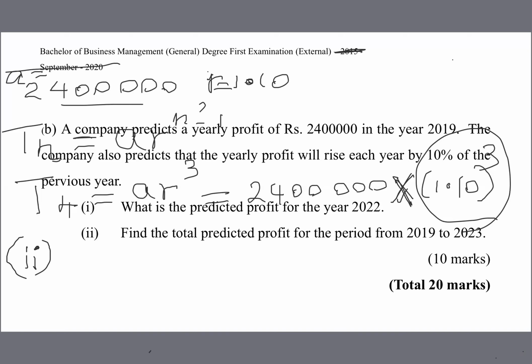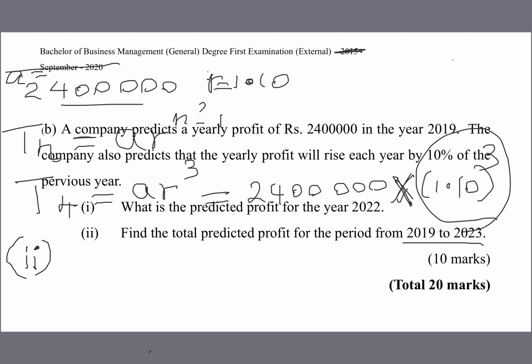The total predicted profit for the same period. Actually the period is 2019 to 2023. That means more than 1 year. Earlier 4 years, now it becomes 5 years. 2019, 2020, 2021, 2022 and 2023. That means 5 years, right?